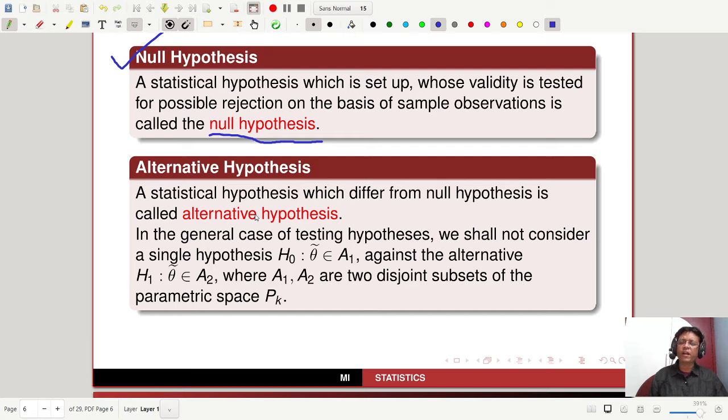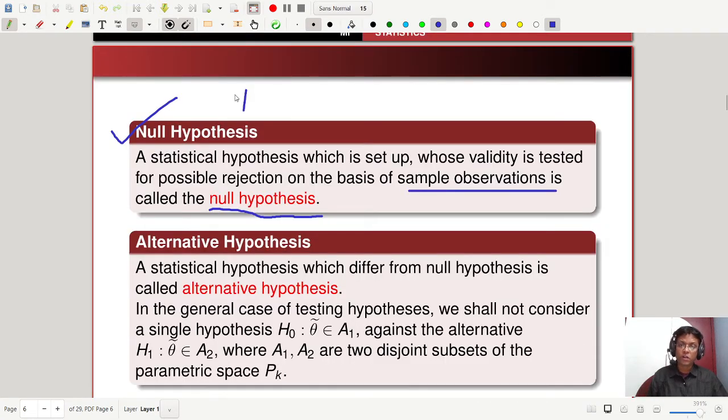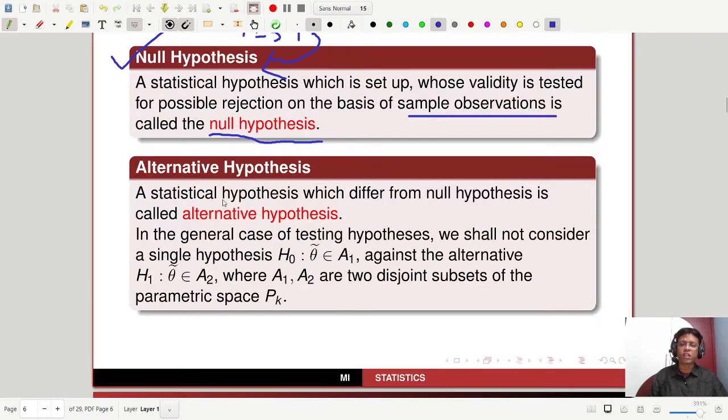And if we accept the null hypothesis on the basis of sample observations, then we reject the alternative hypothesis. So the alternative hypothesis is not tested. We test the null hypothesis.